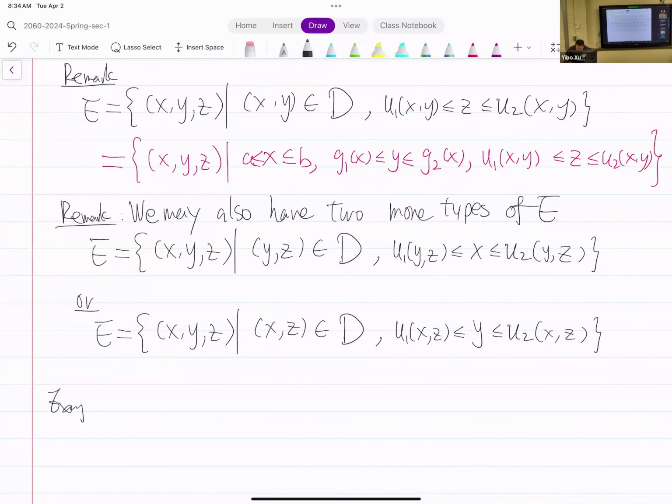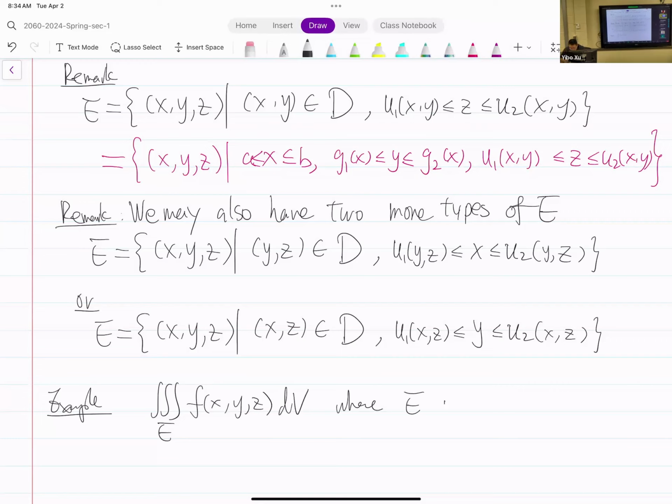Let's look at an example. So let's say we are looking at the triple integral over the solid E of f of x, y, z dV, where now the solid matters.